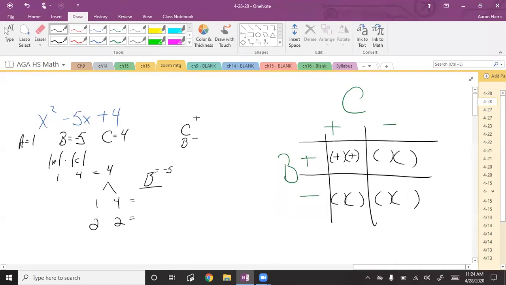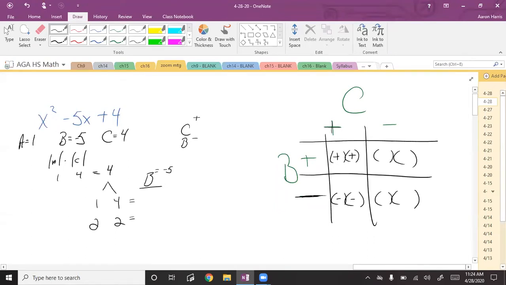A positive times a positive will give me a positive, and a positive plus a positive will give me a positive. But if C is positive and B is negative, then a negative times a negative will get me a positive, and a negative plus a negative will get me a negative.